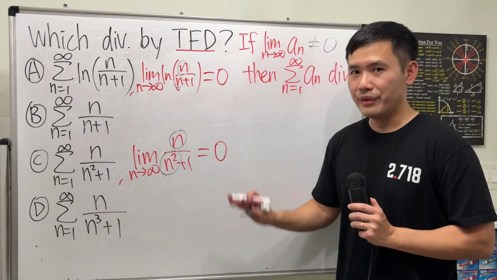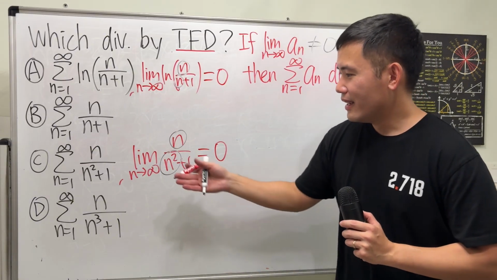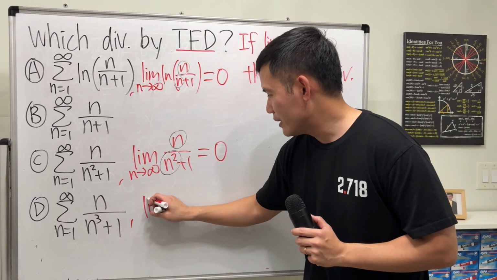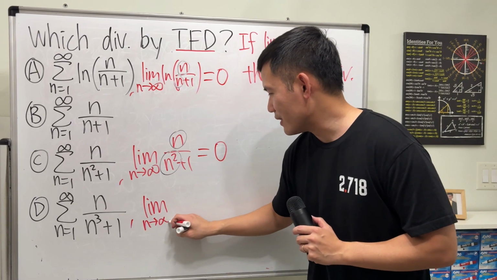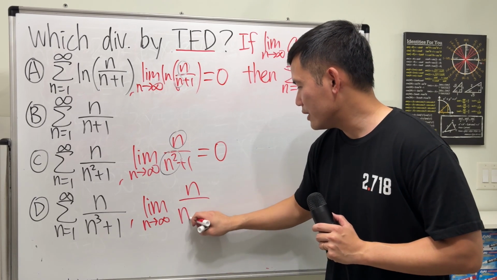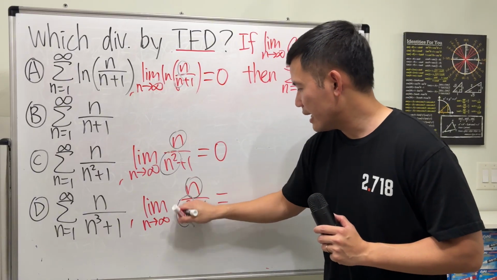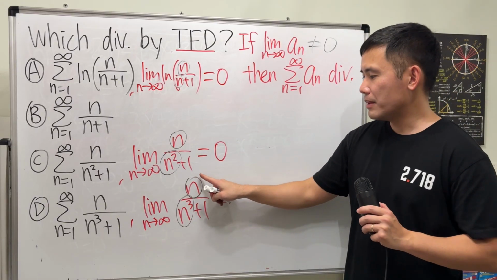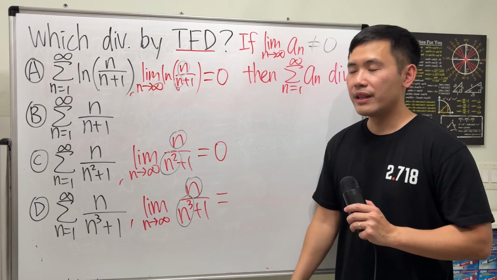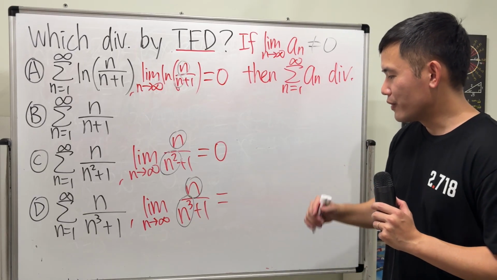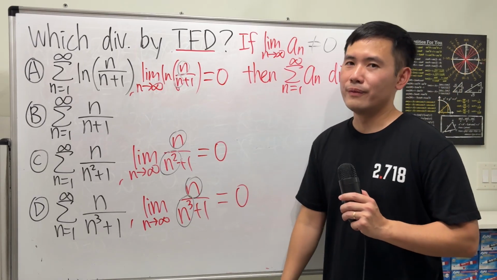Again 0. Inconclusive. Again, for d, if we take the limit as n going to infinity of n over n cubed plus 1, look at n and n cubed. That's the same as 1 over n squared. As n going to infinity, 1 over infinity, still 0.